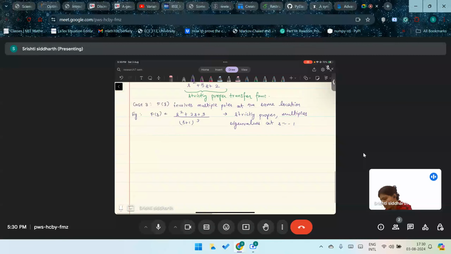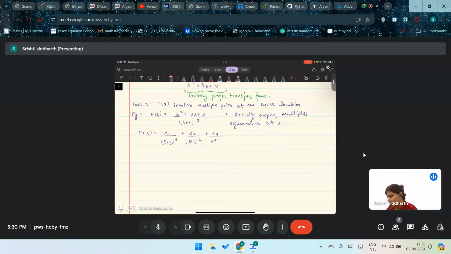So the way to get the partial fraction expansion for this is you have c1 over (s plus 1) cube. So if there are 3 repeated poles or eigenvalues at s equals minus 1, you will have constants c1, c2, c3 associated with s equals minus 1.